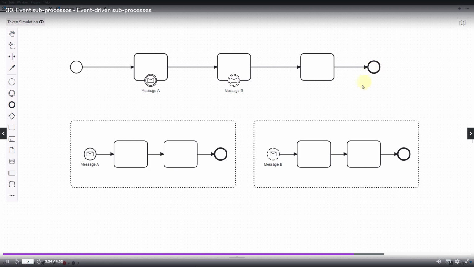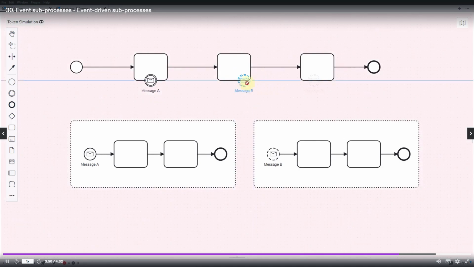And very important for both cases, there are no sequence flows between the main process and the event subprocess. The absolute brilliant advantage here, you can always reuse the subprocesses. No matter where your token is, if the corresponding boundary event occurs in the main process, the event subprocess is executed, interrupting or non-interrupting, just as you model it.